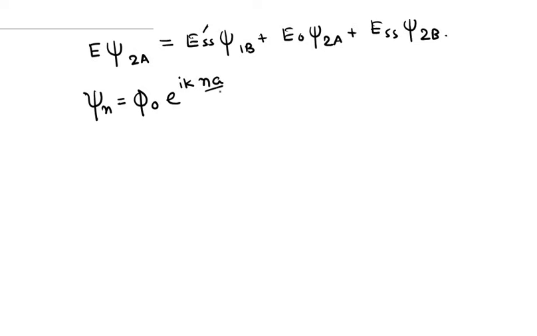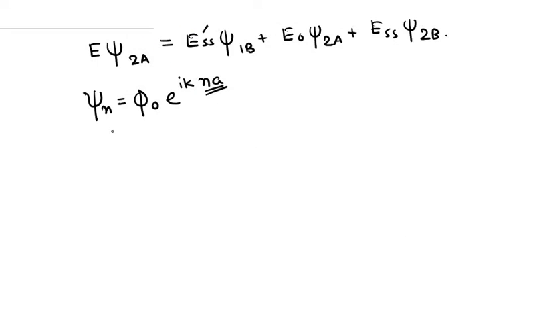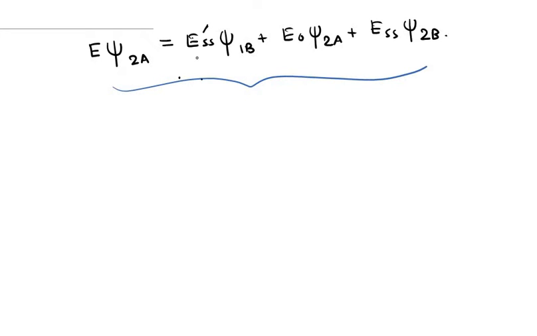And the second thing is that na is not defined in this case because the atomic spacings are different. For example, the spacing between these two atoms over here is different compared to the spacing between this atom and this atom. So an equation of this form does not make sense, and this equation cannot be solved by taking that form because this ESS dash and ESS are different.